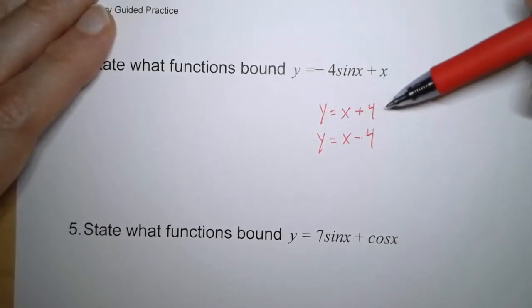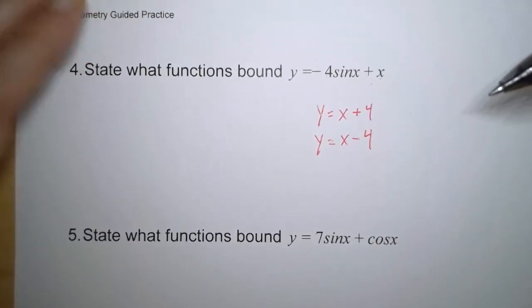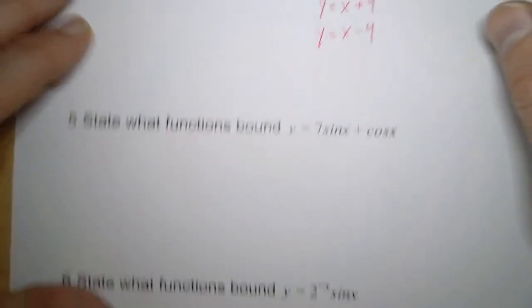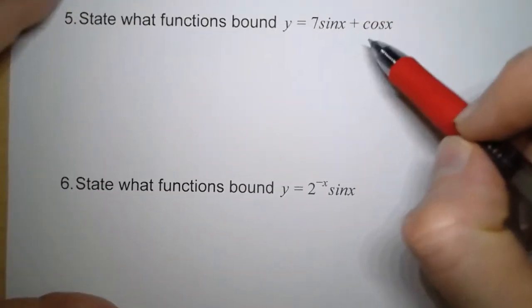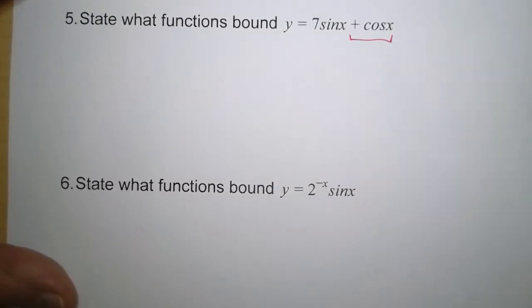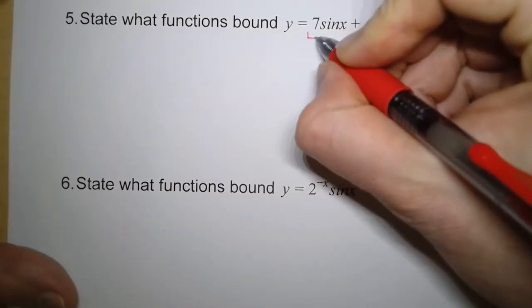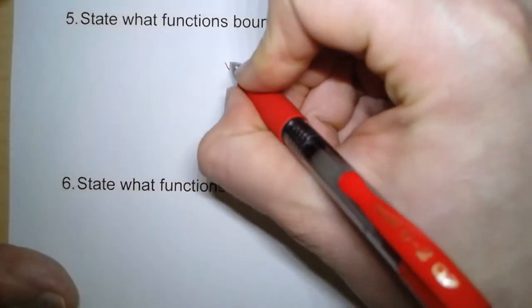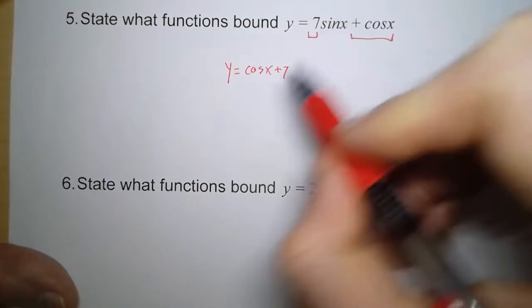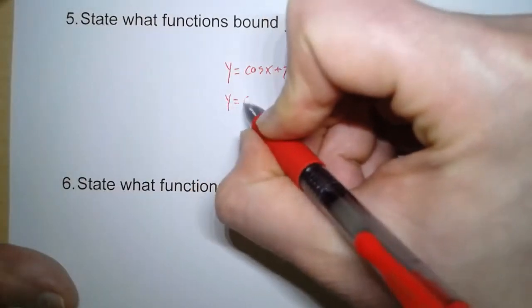So x plus 4 and x minus 4 are the two boundaries for this function. Now with number 5, if we treat this as the vertical shift, and we treat this as the amplitude, then what we have is cosine of x plus 7 and cosine of x minus 7.